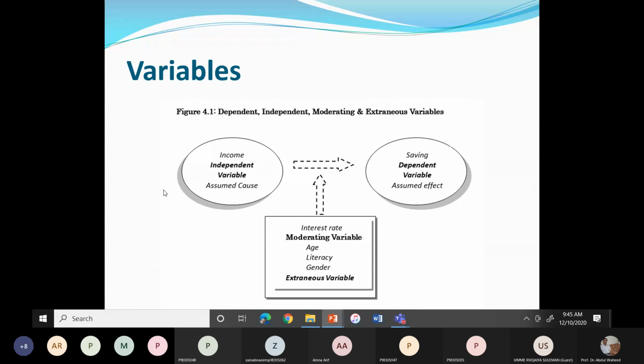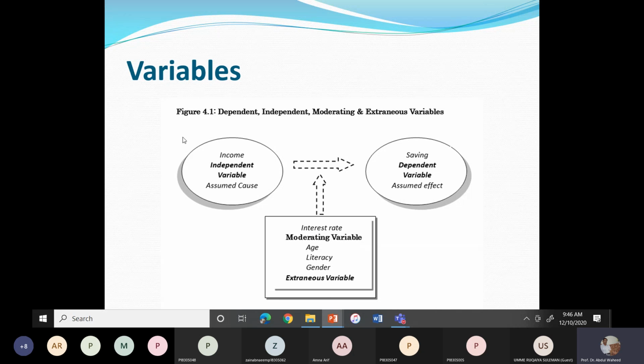So this is a way to know the relationship and to identify which variable is the dependent variable and which variable is the independent variable. So in some other model, it is possible that the dependent variable is income and the independent variable is saving or interest rate or any other variable.